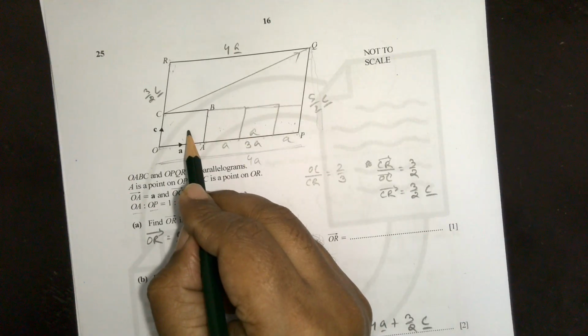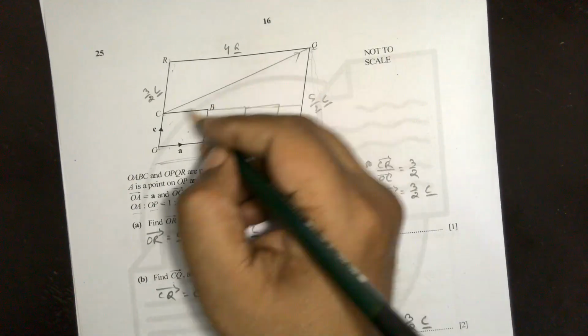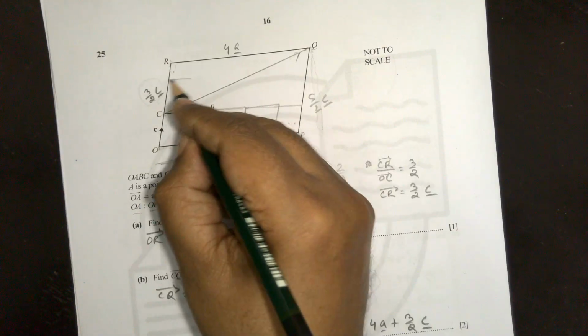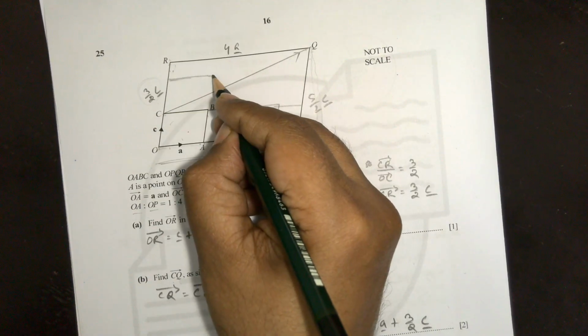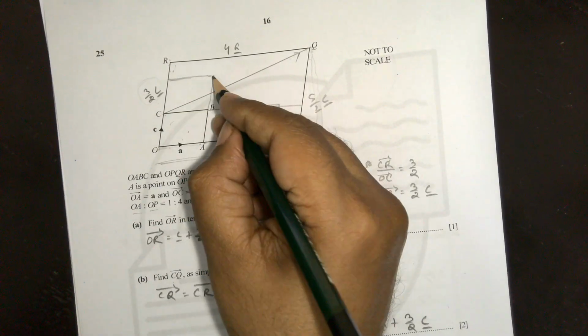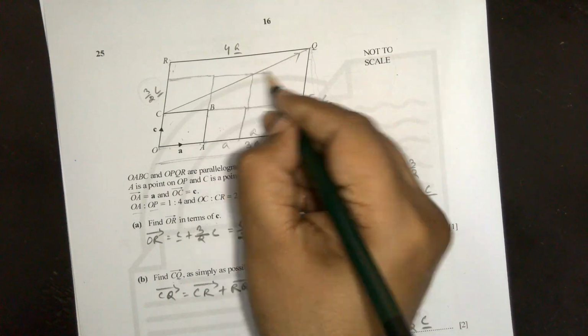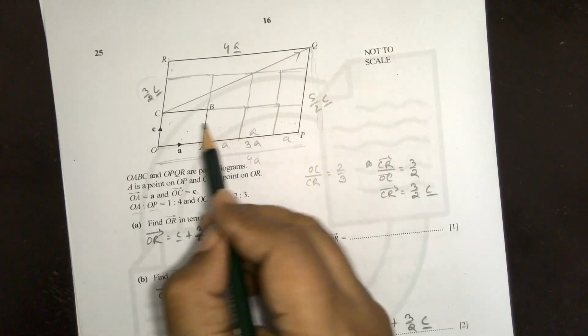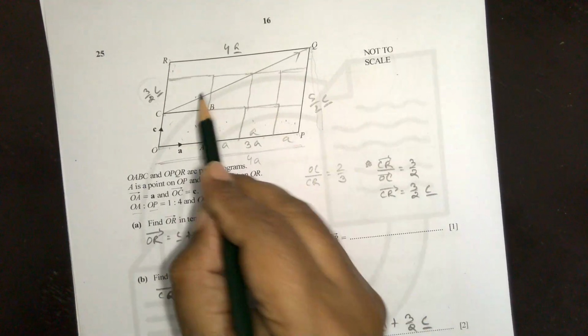And here this is C, so this is 1.5, right? So here we can do again another one, and another one, and another one, and another one. So how many parallelograms have we drawn? 1 2 3 4 5 6 7 8.